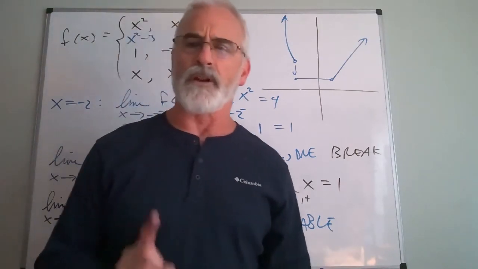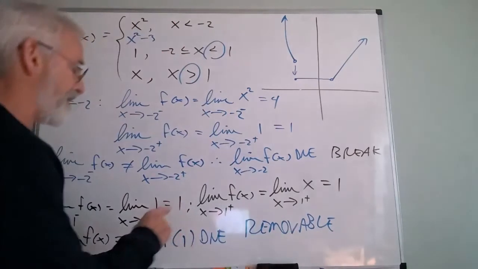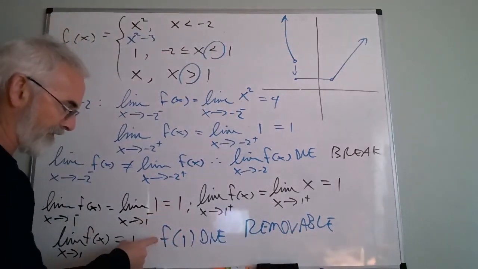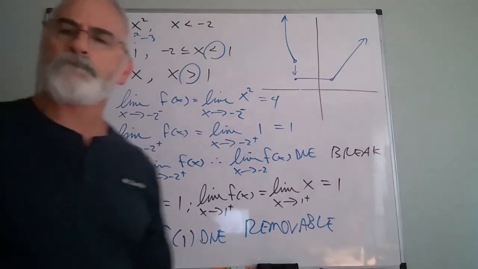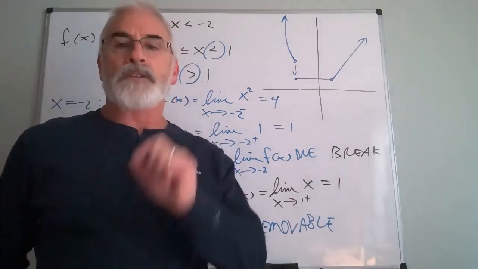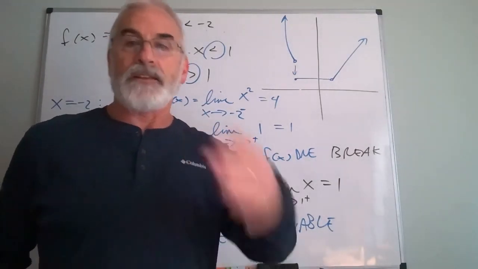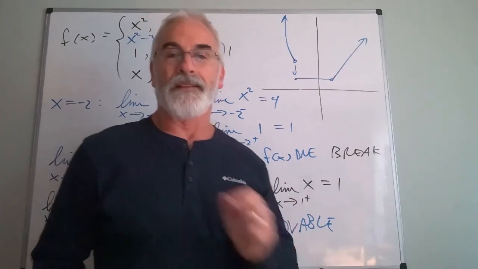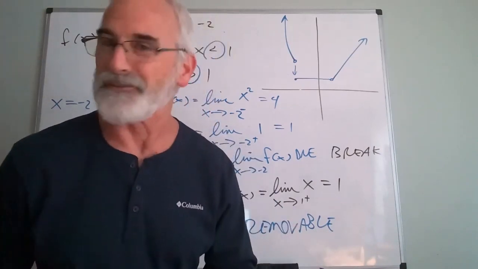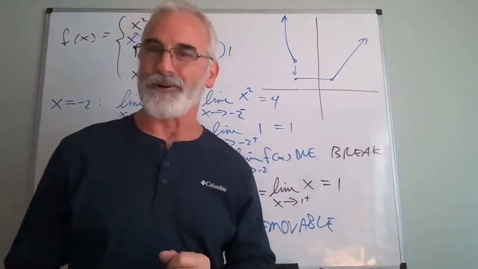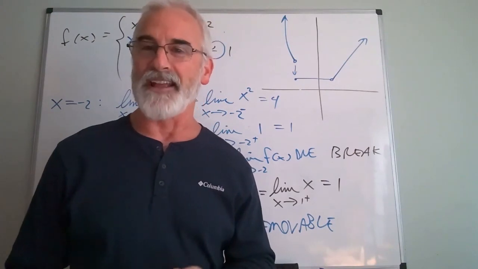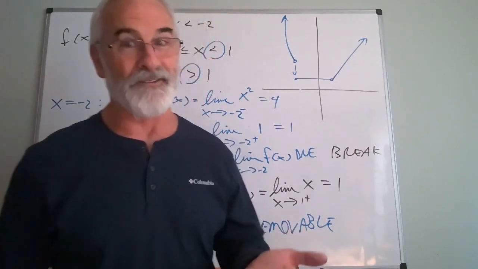Now, I used a term a moment ago. I said this function is not defined at 1. The term "not defined" simply means it's not in the domain. What does "not defined" sound a lot like mathematically? Undefined.